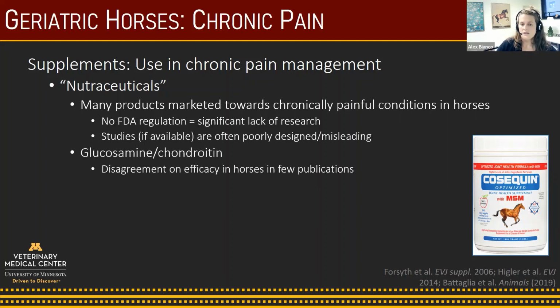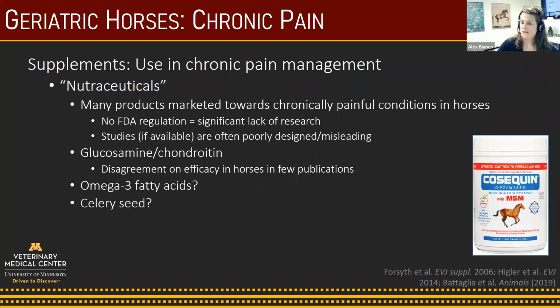Glucosamine and chondroitin do have a few studies that were published in peer-reviewed journals, but depending on which study you read, you'll have completely conflicting information as to whether it helped or didn't help. Omega-3 fatty acids are something that I recommend because there is some data that says they're anti-inflammatory, but nothing really specific in horses in terms of chronic pain management.